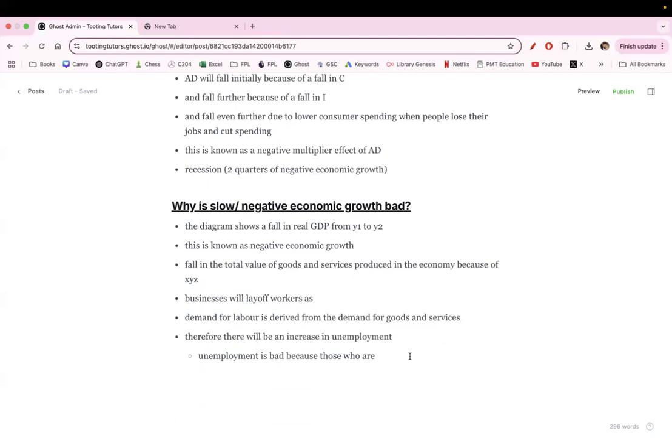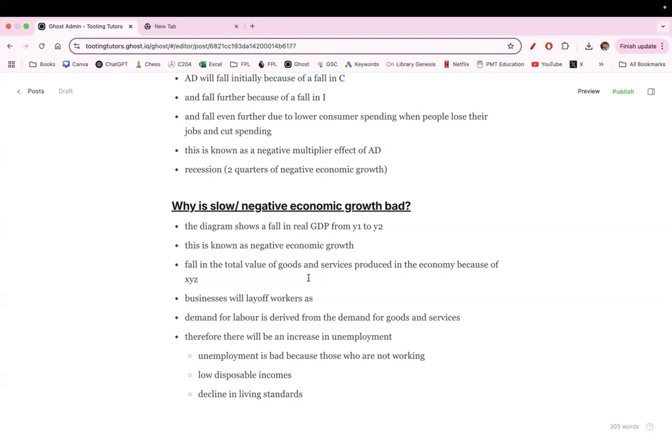So we can go into detail about how unemployment is bad because those who are not working will have very low disposable incomes or no disposable incomes, and that means they will see a decline in living standards.